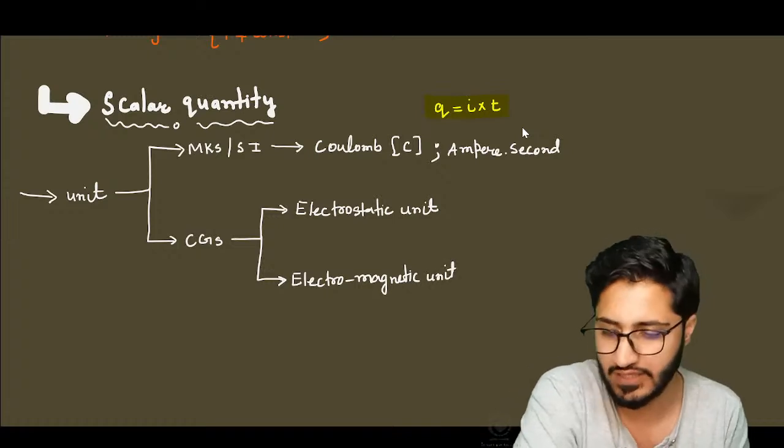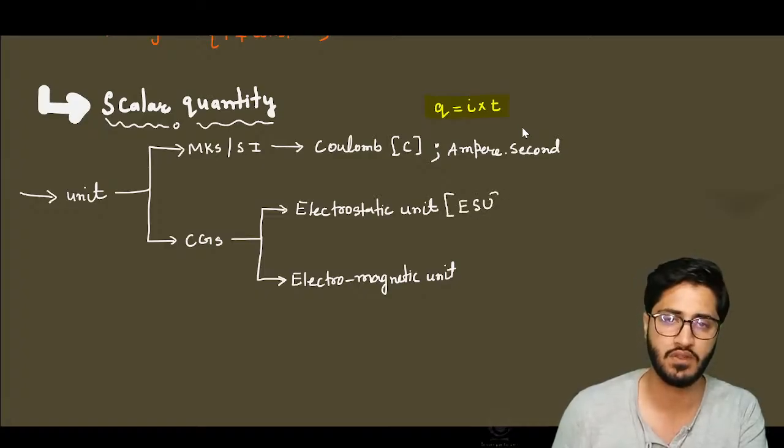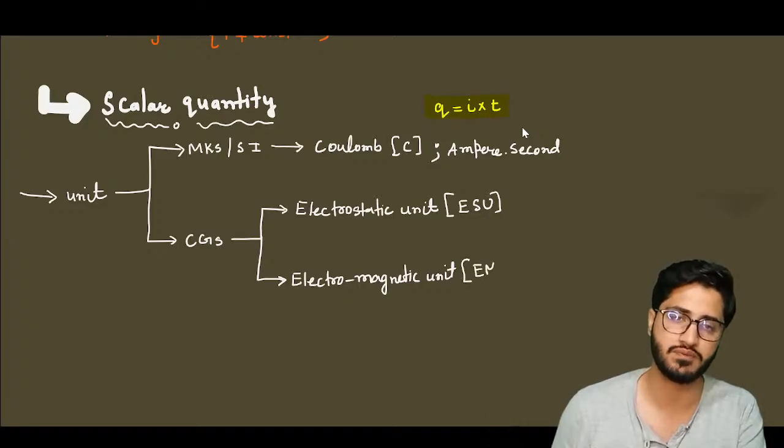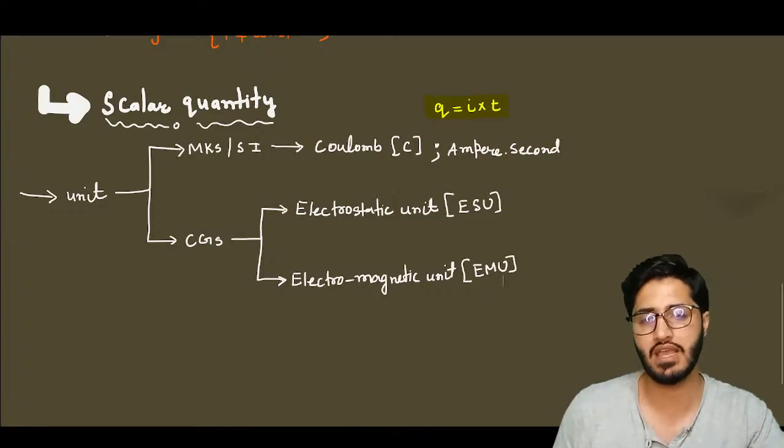In a shortcut way, electrostatic unit is ESU and electromagnetic unit is EMU. ESU and EMU.